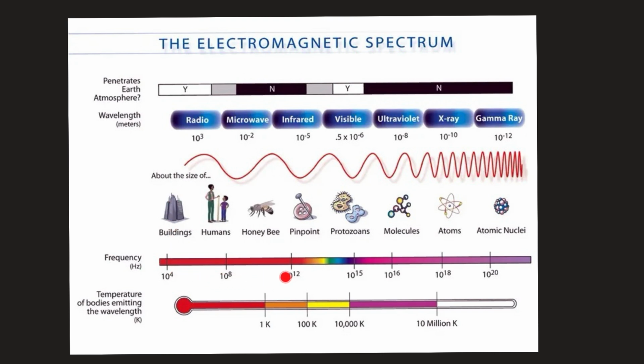Then as the frequency increases we go to microwaves, infrared, visible, ultraviolet, X-ray, and the waves with the highest frequency are your gamma rays. It's good to know this order, in both increasing and decreasing wavelength, and vice versa for frequency.